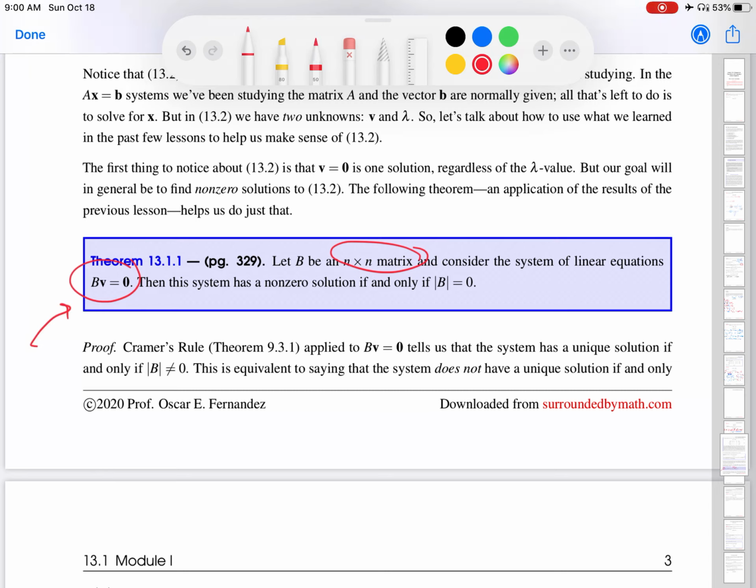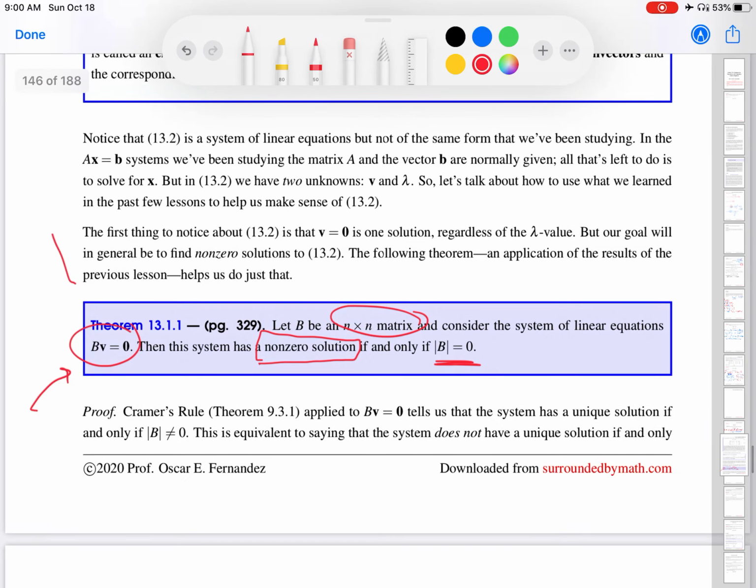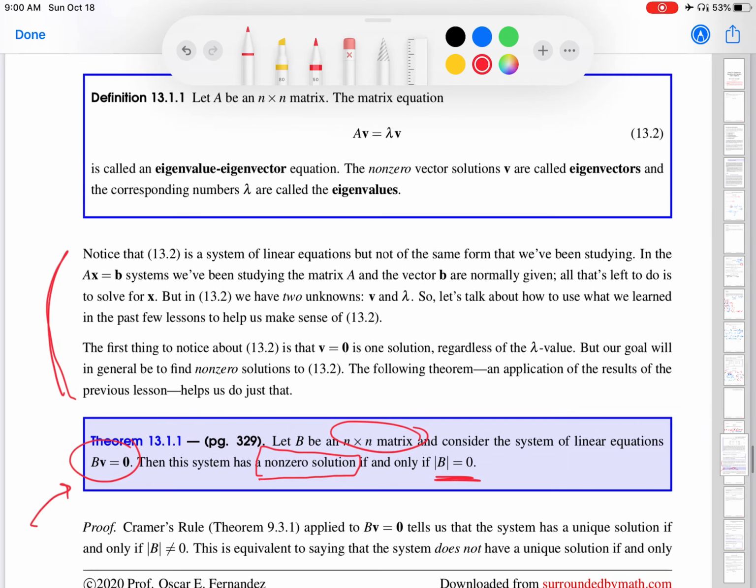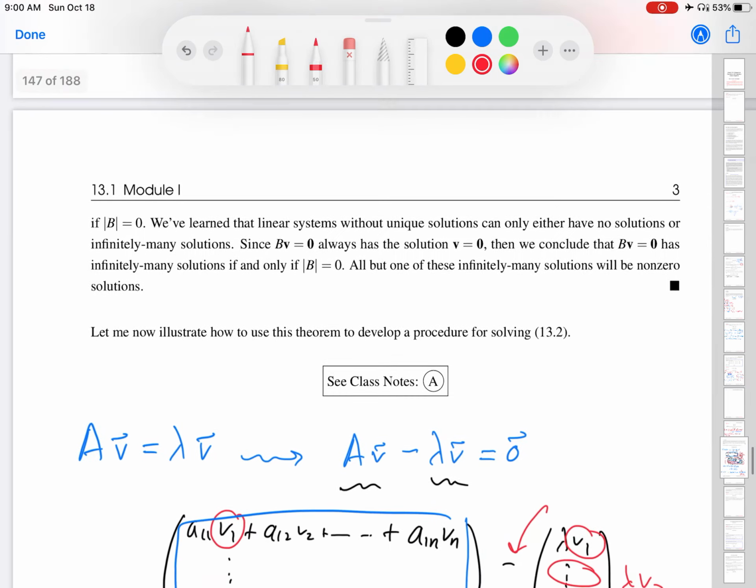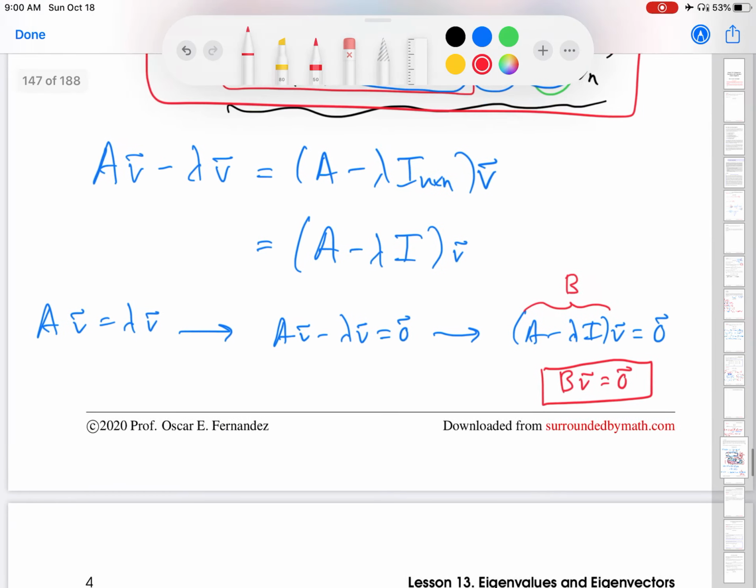Then the system has a non-zero solution if and only if the determinant is 0. I say a lot about the fact that we want non-zero solutions to find the eigenvectors and the eigenvalues, and that's exactly what this theorem is guaranteeing us, provided that the determinant of B equals 0.